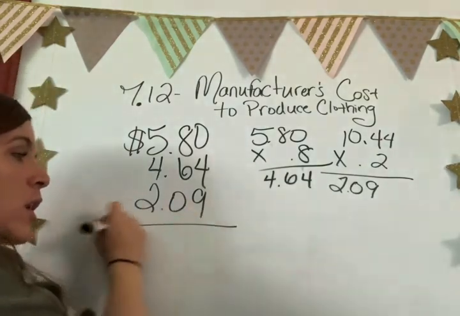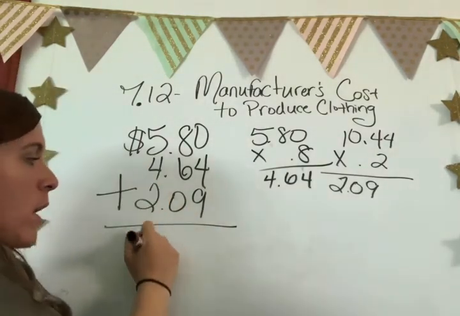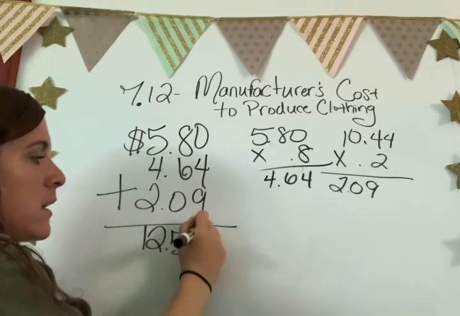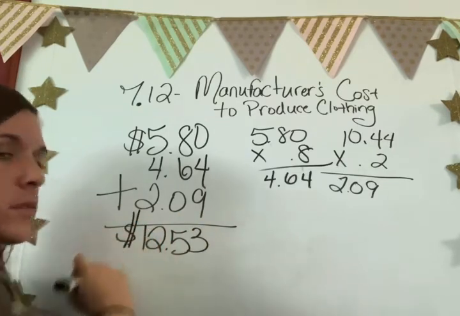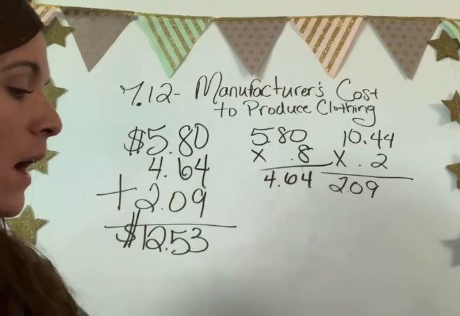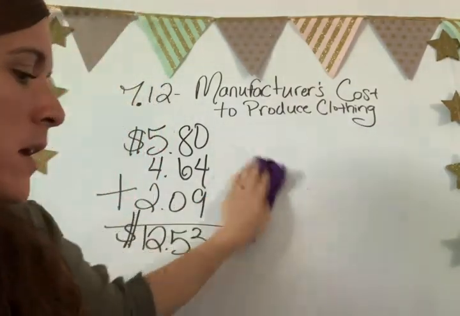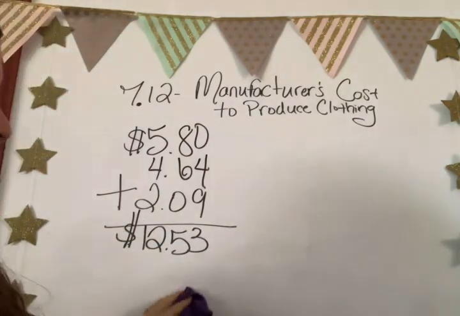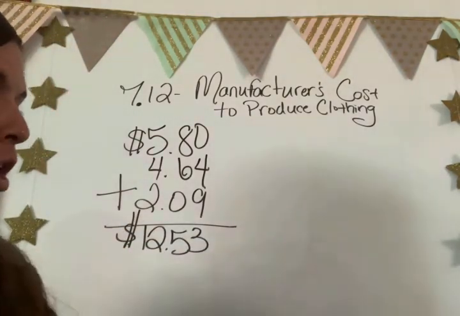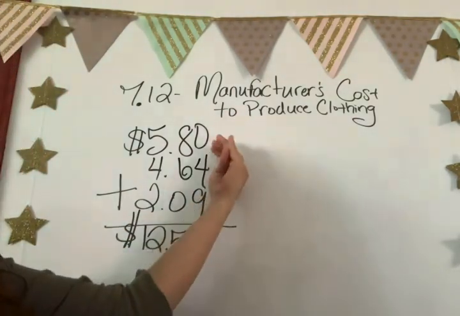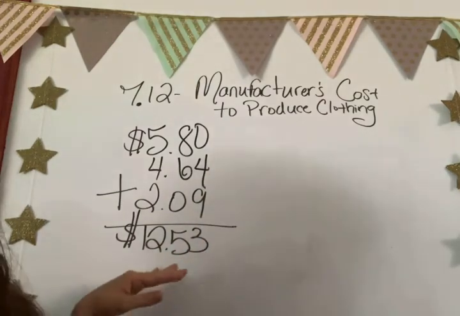Find the total factory cost, and you add these two together, and you're going to get $12.53. Now, I know that we're going to need that $12.53 for model problem number 2, so I'm going to keep it right there. So again, you're just adding up all the costs that go into it, and then finding your total cost.